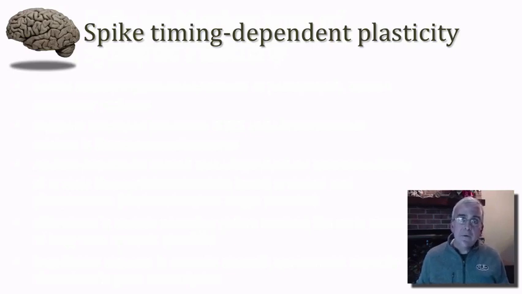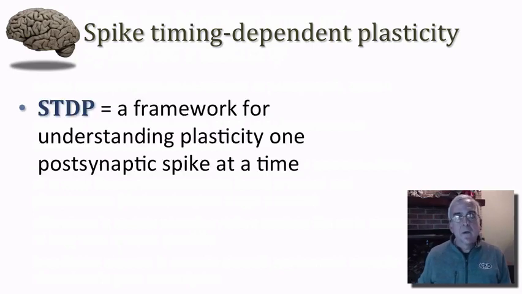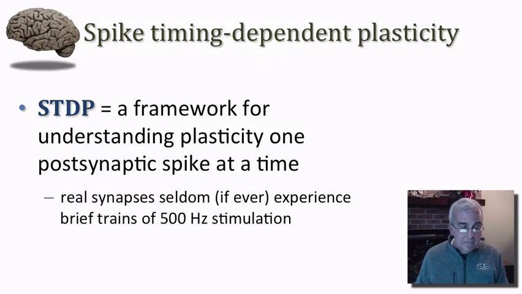Rather, I want to help you understand through this spike timing dependent framework how plasticity plays out in ongoing patterns of activity in the brain. Spike timing dependent plasticity provides for us a framework for understanding plasticity in the brain, one postsynaptic spike at a time. And here's what I mean by that.